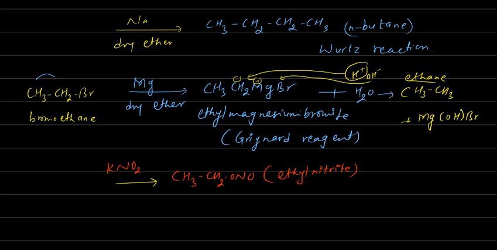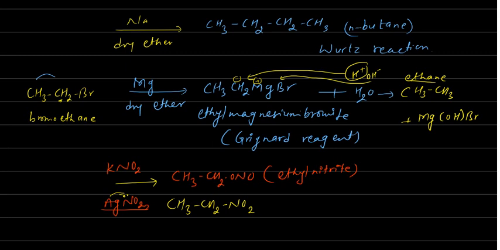But if we use silver nitrite, AgNO2, then the product is CH3CH2NO2. We know that in AgNO2 there is a covalent bond, so this nitrogen attacks the carbon containing Br.